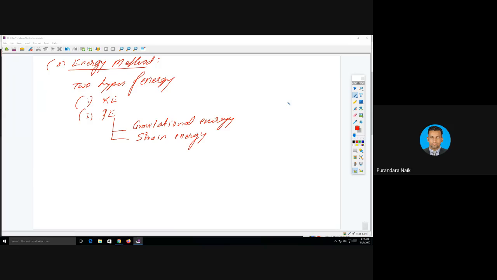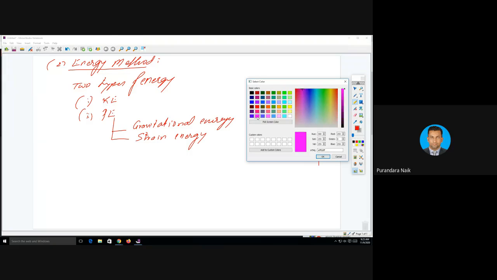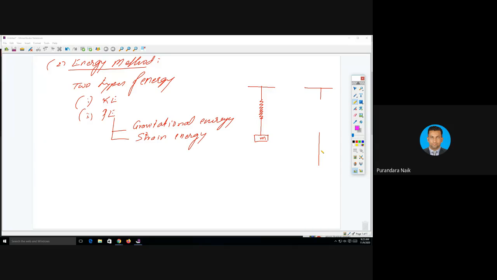I'll take a simple figure. This is the spring. This is a mass. And we have the equilibrium position.